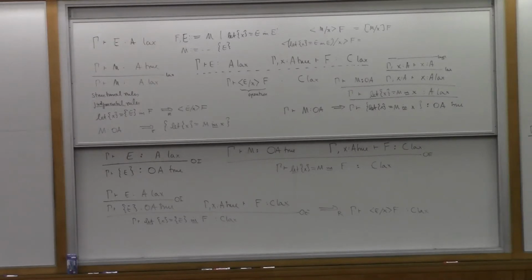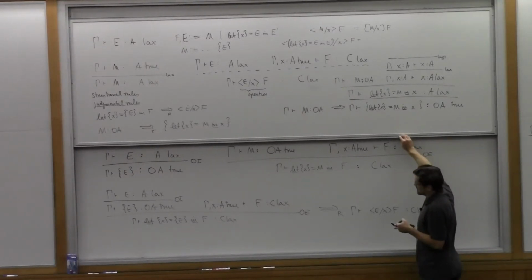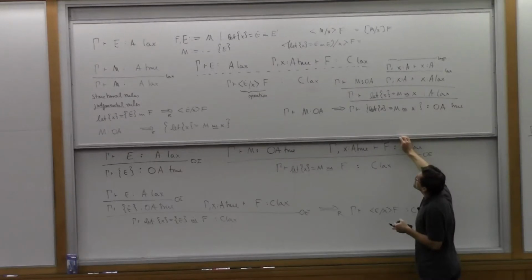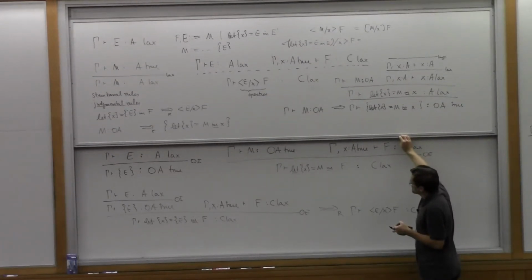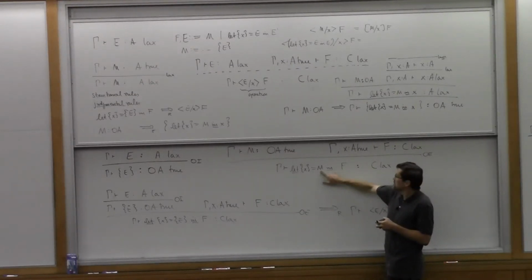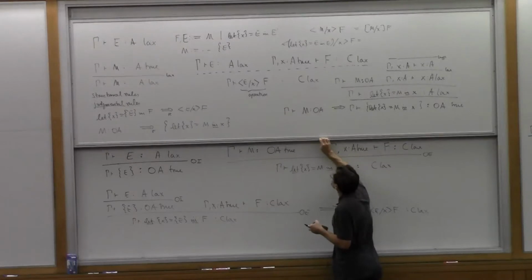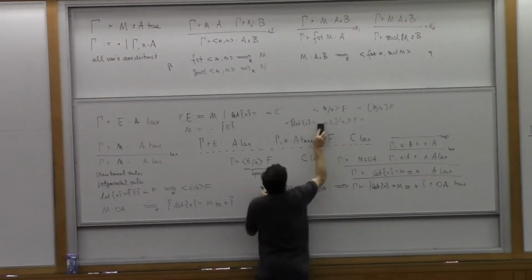So what should happen in that case? Sorry, did I make a mistake there? It should be let X equals M, right? This should actually be a term M, because that's what we have evidence for here. So I actually should have said M here and M here. Sorry about that.